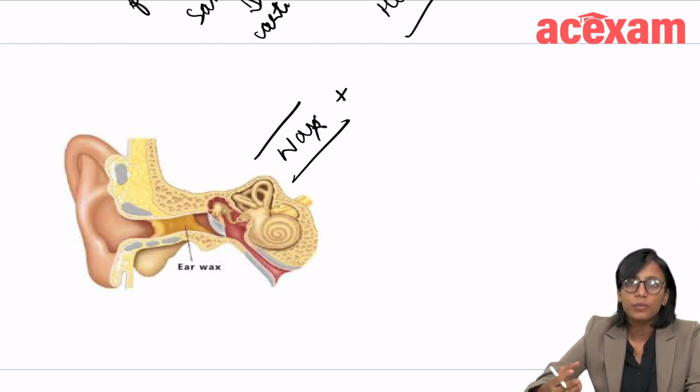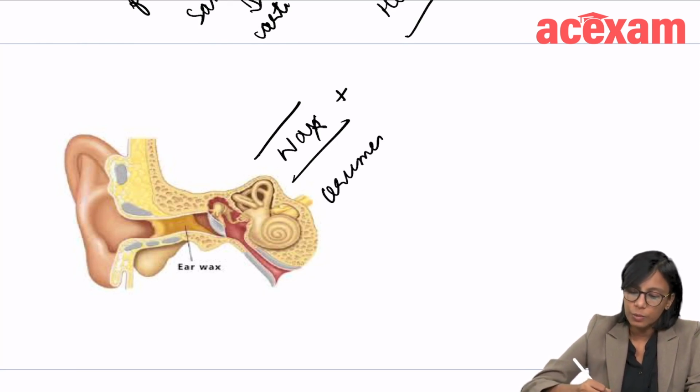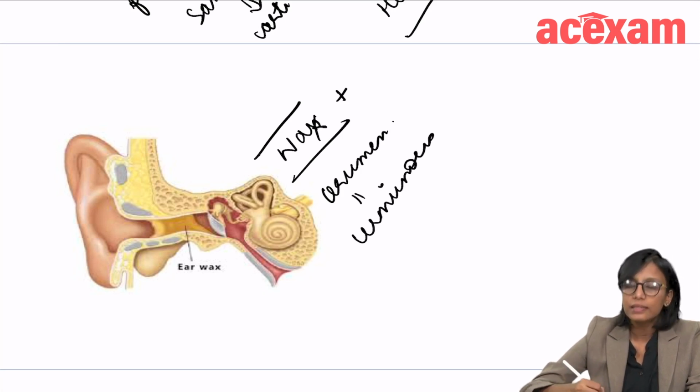This can be asked in the question, and some people mark it as ceruminous gland, cerumen. So wax is not cerumen. What is cerumen? Cerumen is the secretion of the ceruminous glands.